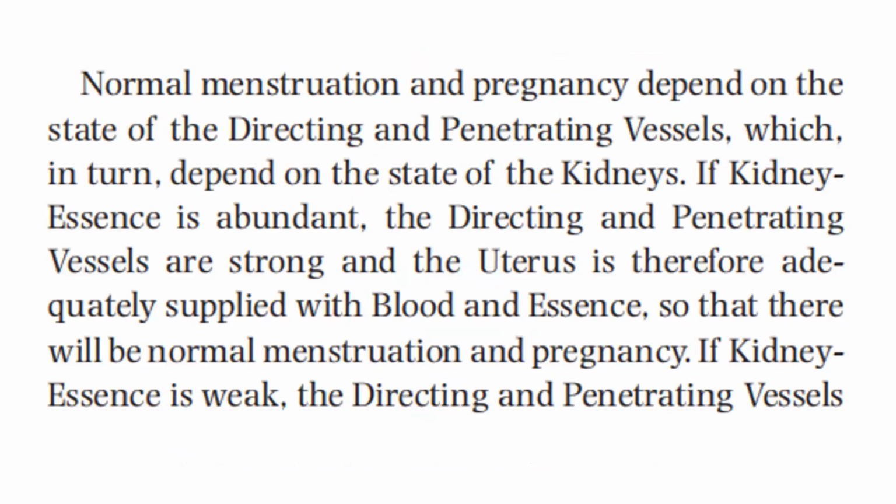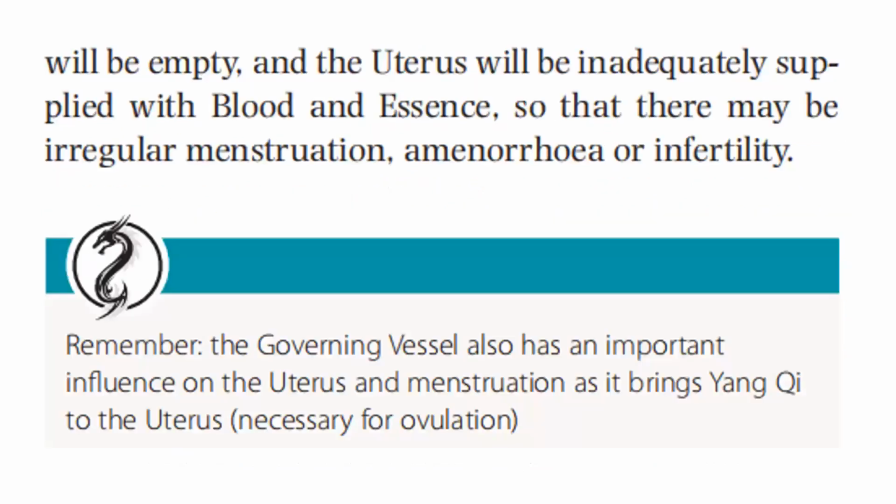If the kidney essence is abundant, the directing and penetrating vessels are strong, and the uterus is therefore adequately supplied with blood and essence so that there will be normal menstruation and pregnancy. If kidney essence is weak, the directing and penetrating vessels will be empty, and the uterus will be inadequately supplied with blood and essence, so that there may be irregular menstruation, amenorrhea, or infertility.